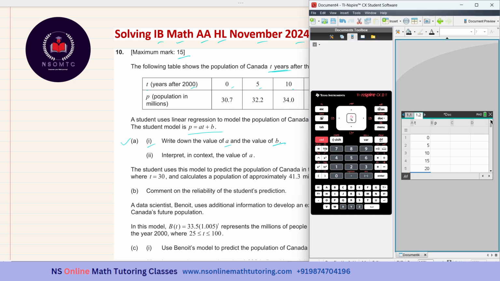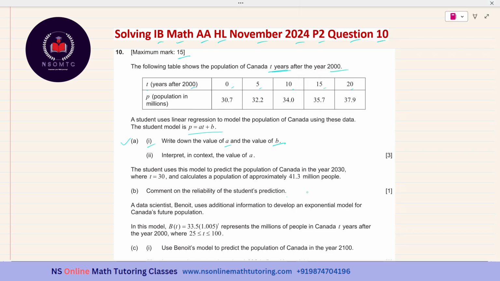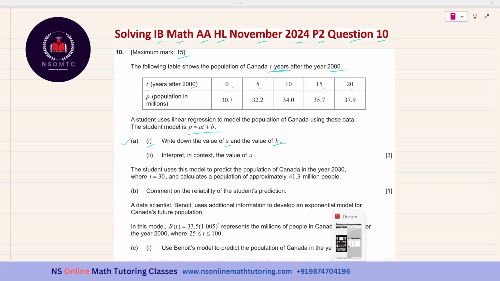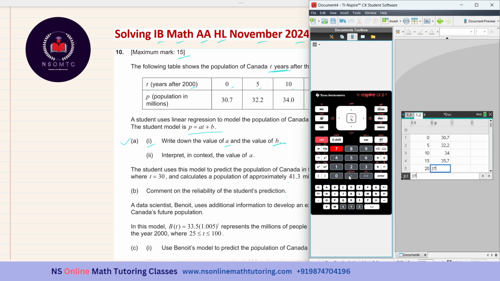And this is 30.7, and 32.2, 34, and then 35.7, and finally 37.9. Okay. Fine.